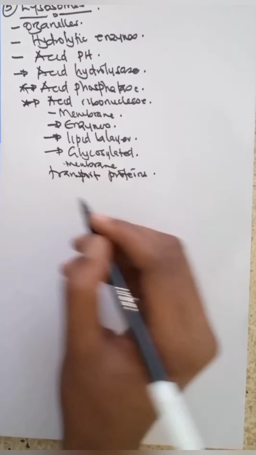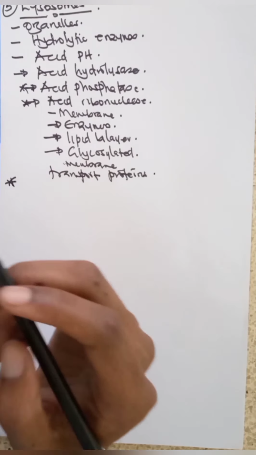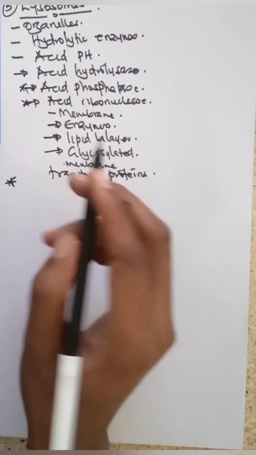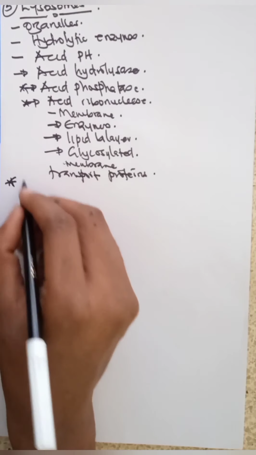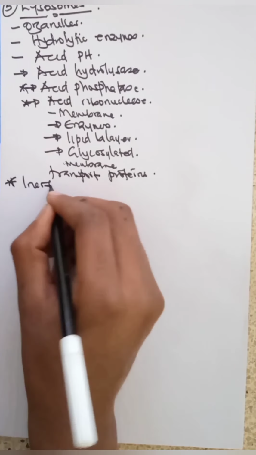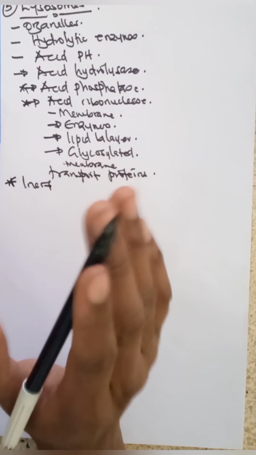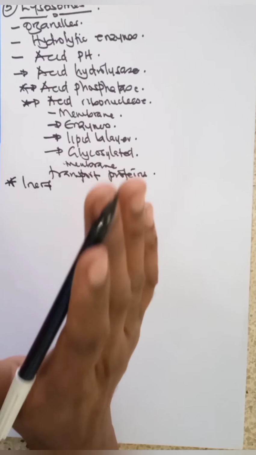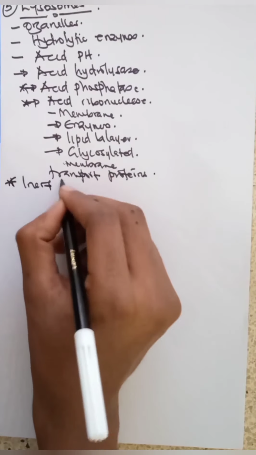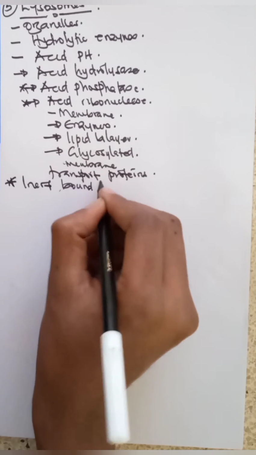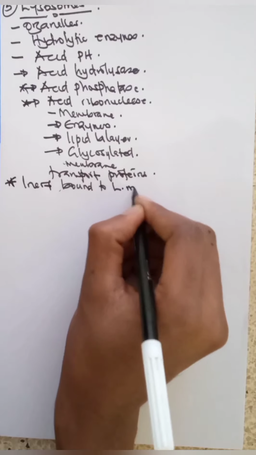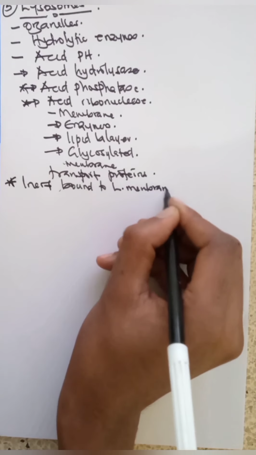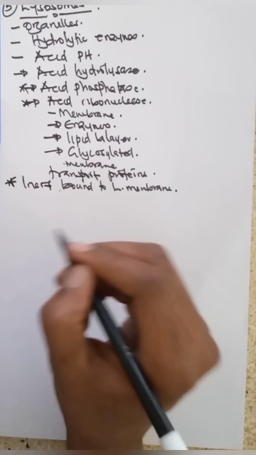So basically, when you look at the lysosomes under no stimulation, the enzymes are safely inert, because we have said it contains hydrolytic enzymes. When there is no stimulation, these enzymes are inert, bound to the lysosome membrane, because we have said it has a membrane.